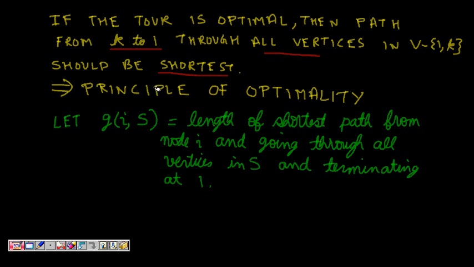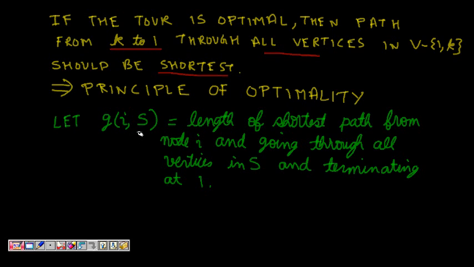So this is the optimality: if I am going through the first edge and then going through all the nodes in the graph, then the sum of them should be the smallest. So this is the principle of optimality.